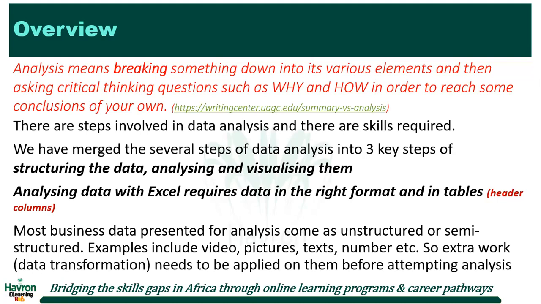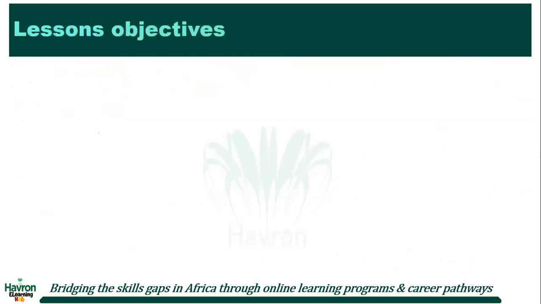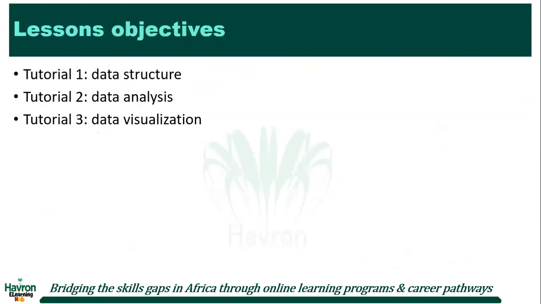So some of the examples of data include videos, pictures, text, numbers, and so on and so forth. We therefore need to do some form of data transformation to make the data align with a format that it should be analyzable.